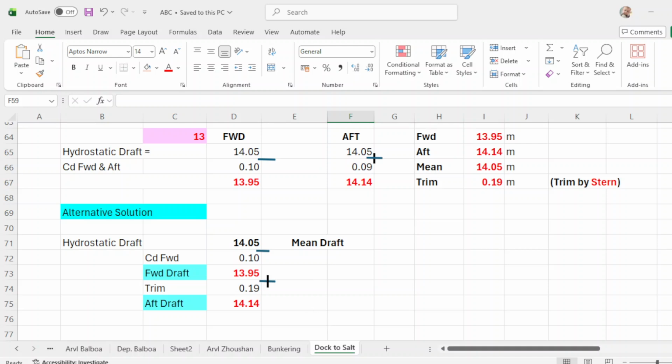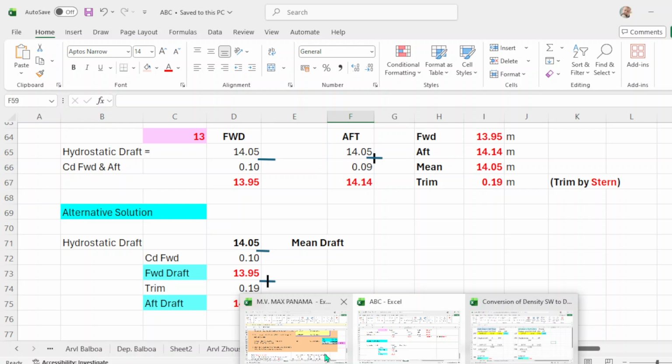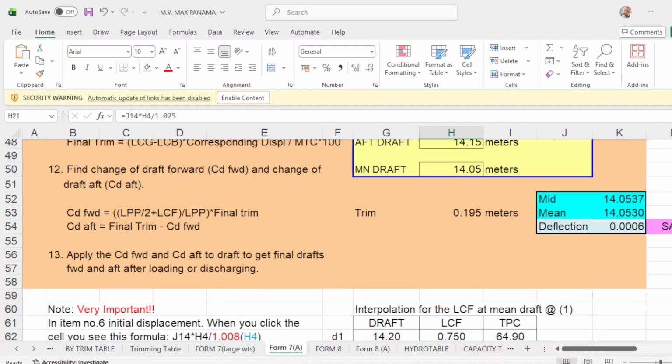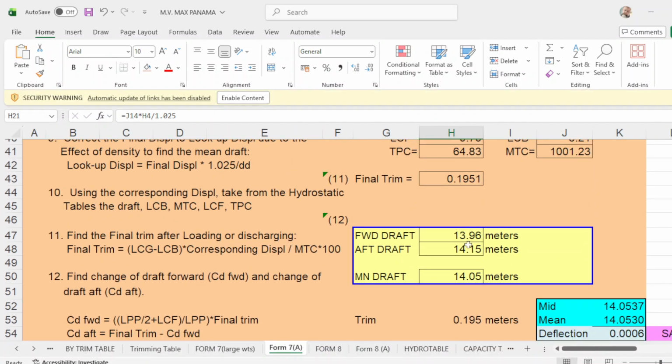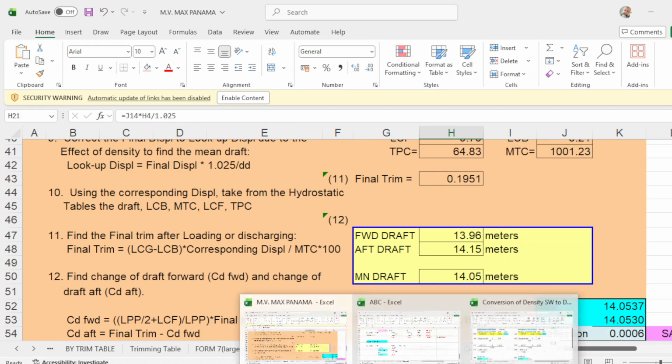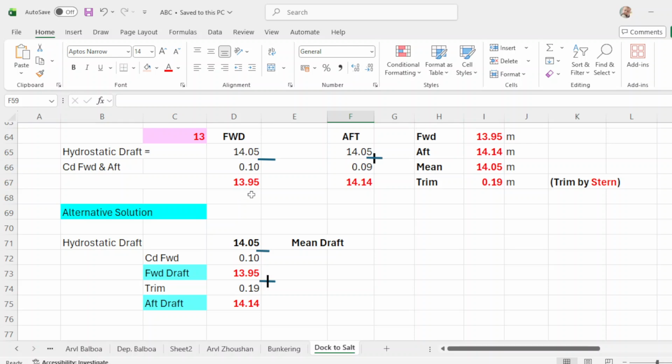Take note that the program is forward 13.96, manual computation is 13.95, and up computation is 1414.